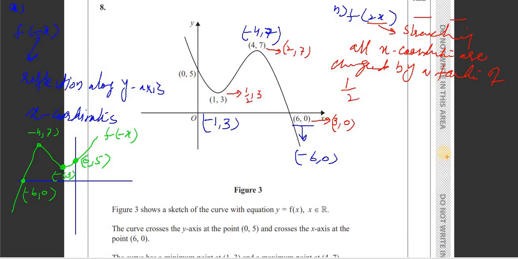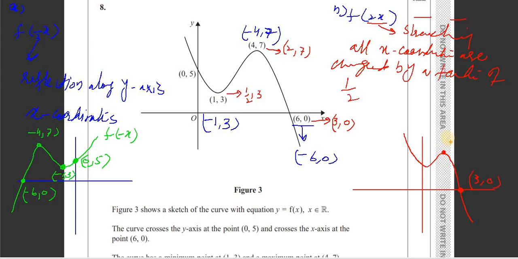This is the y-axis and this is the x-axis. So your graph of f of 2x is compressed by a factor of 1 upon 2. Something like this, and you can mark the coordinates. This coordinate should be 3,0.